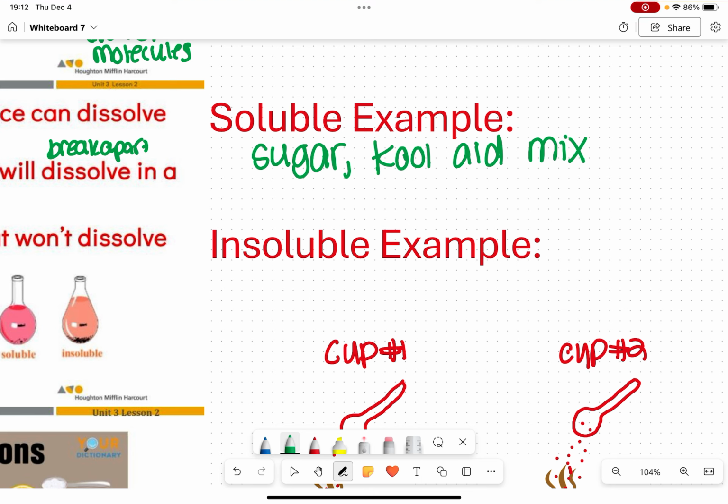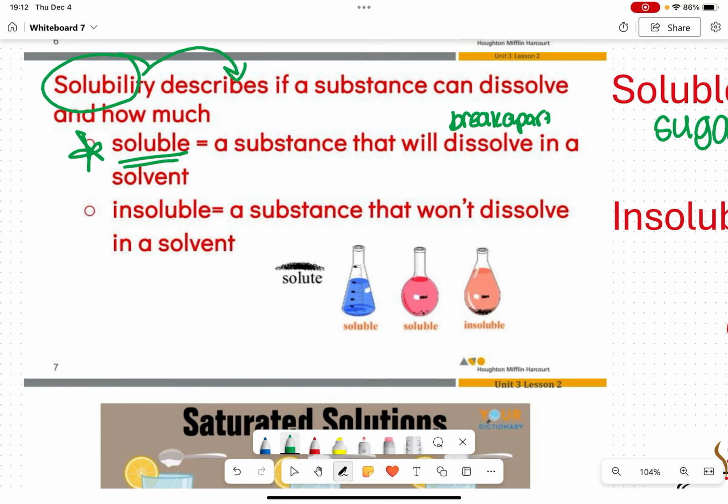If you can put it into water and mix it and it breaks apart and you can't tell the difference between the solvent, the liquid, and the solute, the solid, or whatever state of matter it is, then it would be considered soluble. It is insoluble, this is another vocab word, if the substance will not dissolve, so it will not break down.